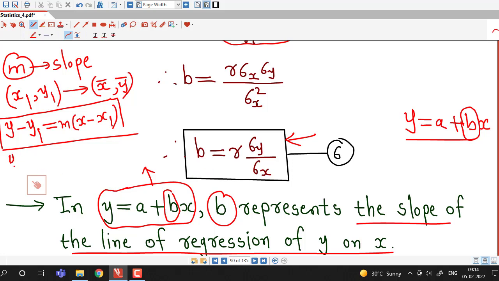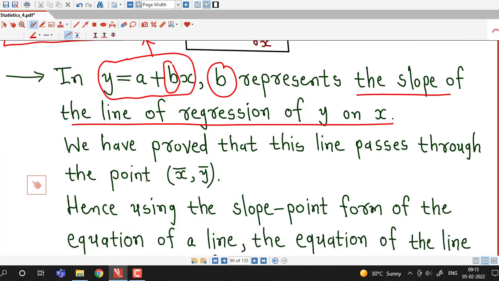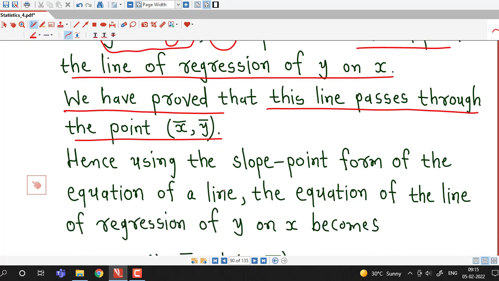So in this equation we will consider x1 y1 equal to x bar y bar, our m is b and x1 is replaced by x bar. So we obtain another form of the line of regression of y on x. We have proved that this line passes through the point x bar y bar.